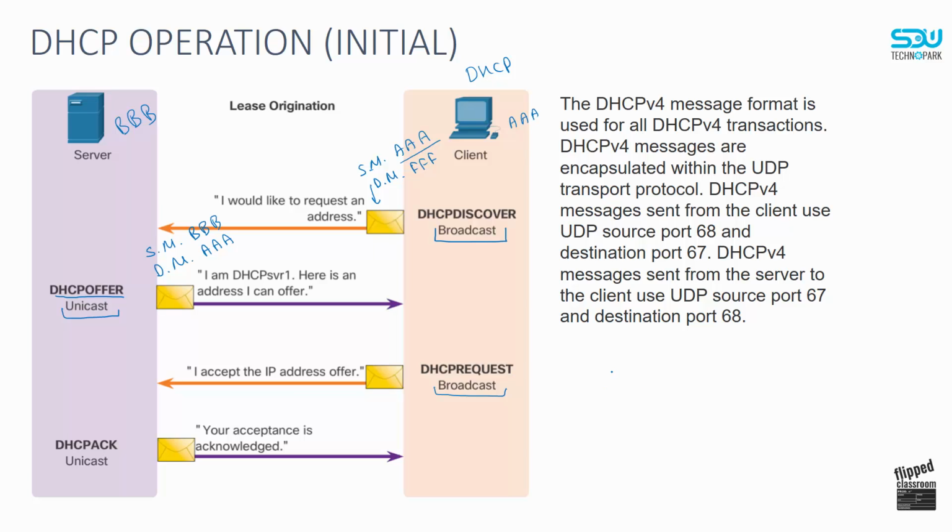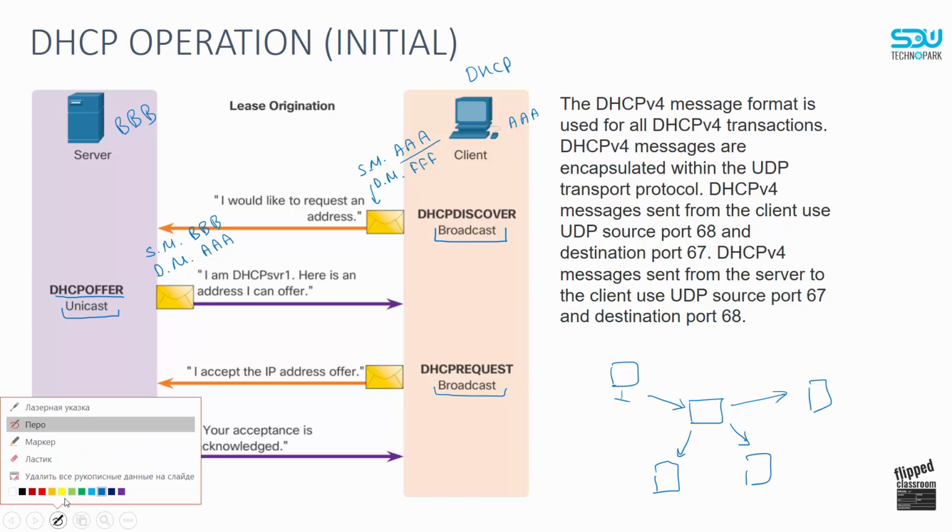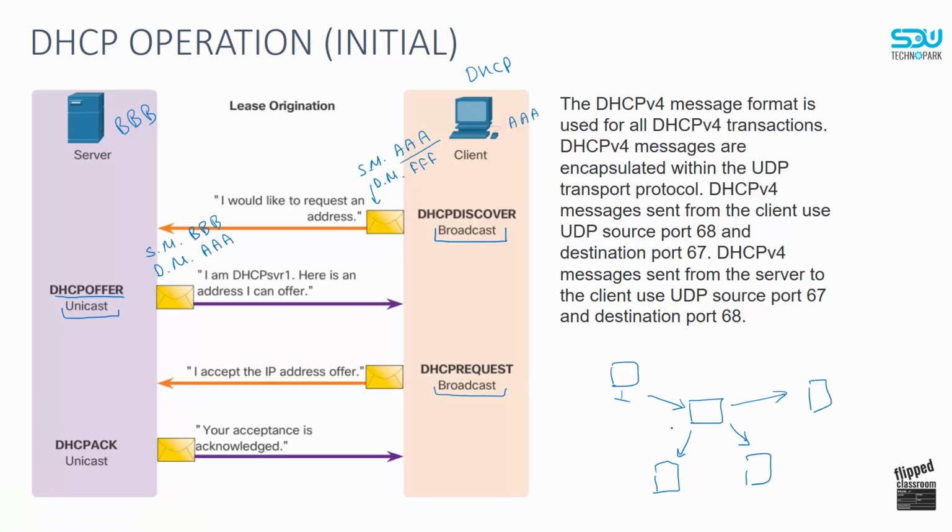It's like, this is my client and I have some DHCP servers in the network. My computer made a broadcast request. The request came to all these 3 servers, and then in the second step, all DHCP servers can provide an offer, and all these offers will come to my computer.